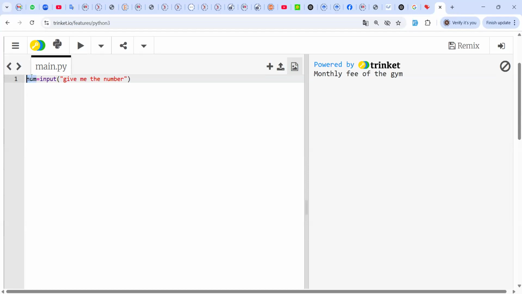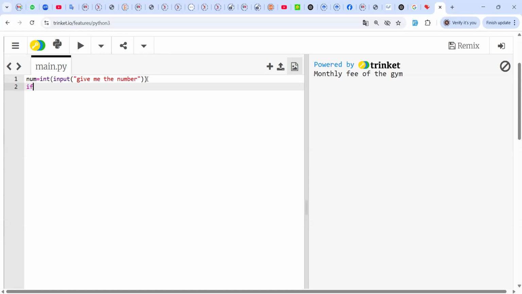And since we are going to do some comparison, we need that number to be an int, so we have to convert its type here. Then we have to test whether it is even or odd. Since we have two conditions, we are working with if else.